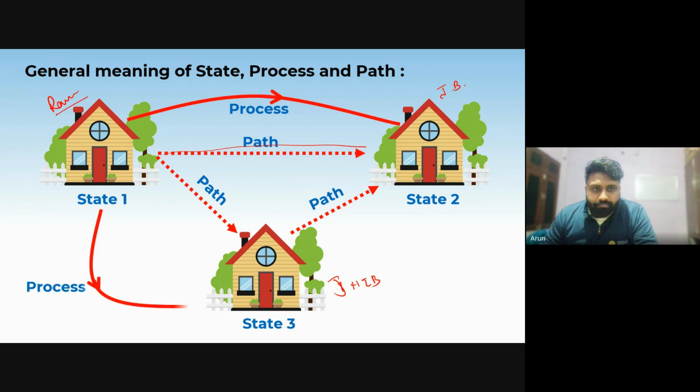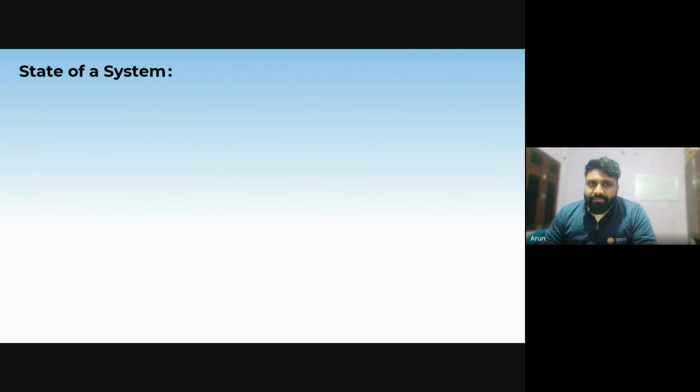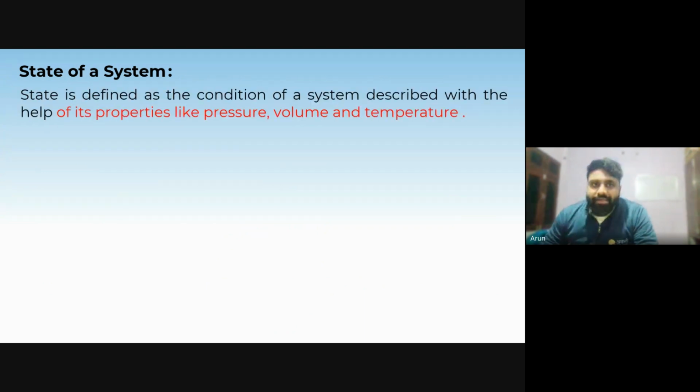Now, system, state of a system. So state is defined as the condition of the system described with the help of its properties. So the state that we have for a particular system is: what is the temperature of it, what is the pressure of it, and what is the volume of that system. These are the properties.